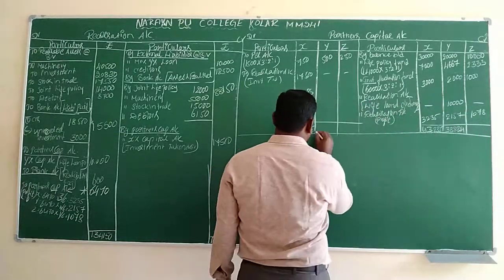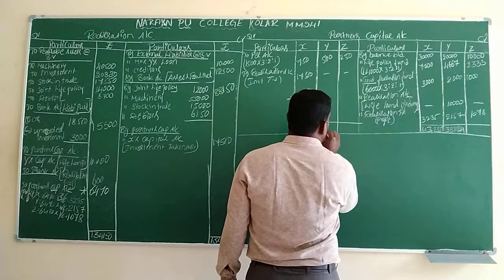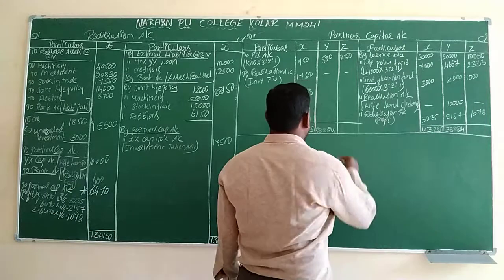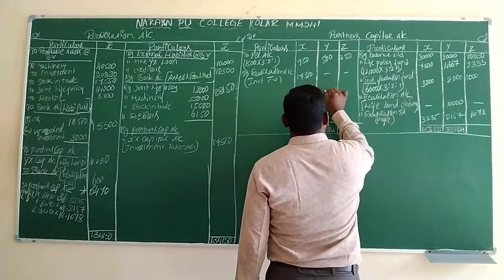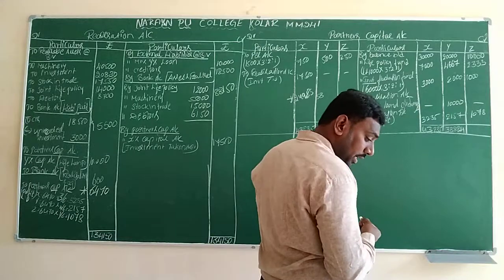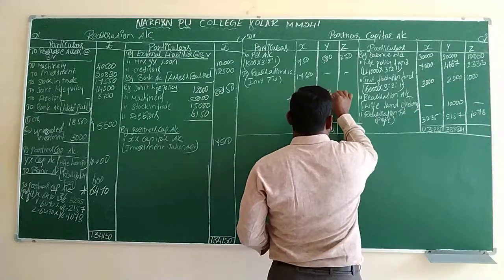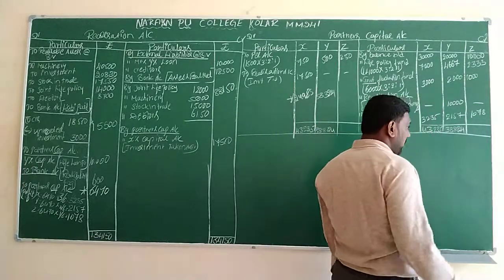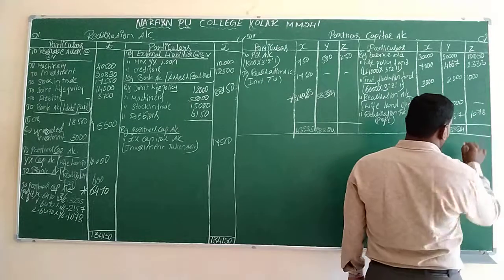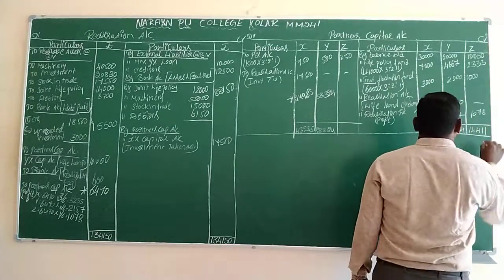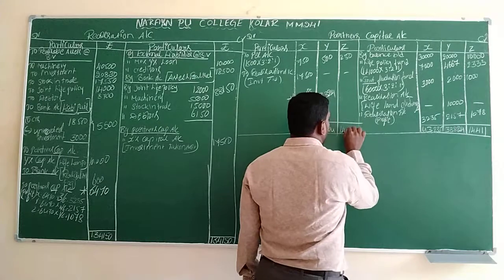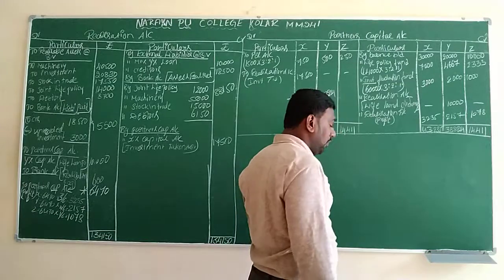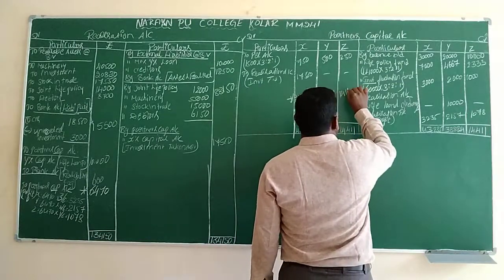The same value should be on the debit side also. 38,824 minus 500 we will get 38,324. And the last partner's total is 14,411. Same value should be written, 14,411 minus 250. We have to get 14,161 rupees.